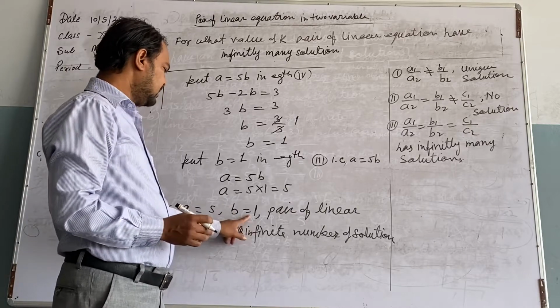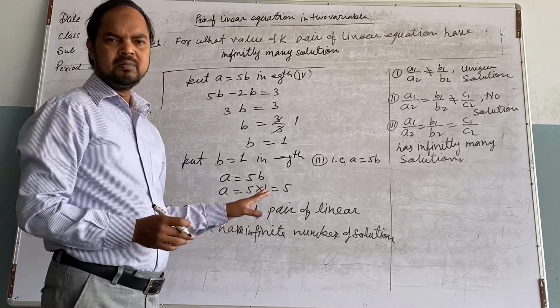When a equal to 5, b equal to 1, the pair of linear equations has an infinite number of solutions.